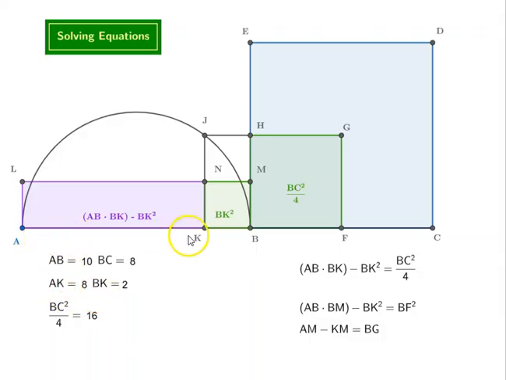AK is equal to 8, BK is equal to 2. AK times BK, 8 times 2, is 16, which is equal to BC square by 4, which is also 16. And AK plus BK is equal to 10, which is equal to AB.